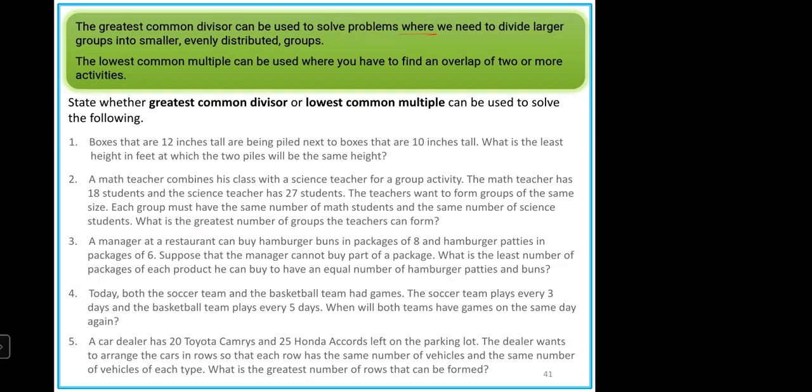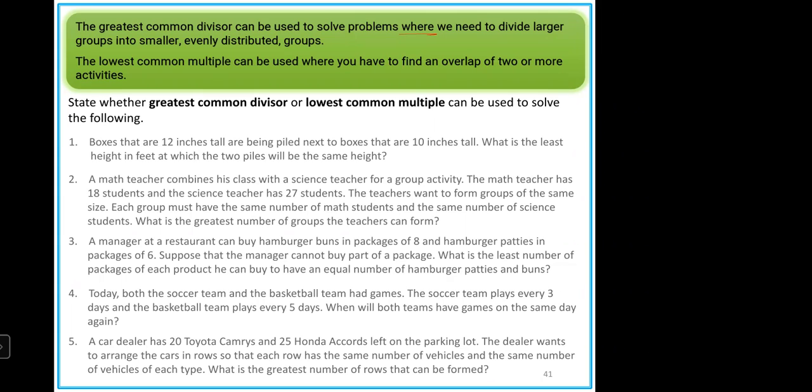So look at the two things at the top. The greatest common divisor can be used to solve problems where we need to divide larger groups into smaller, evenly distributed groups. The lowest common multiple can be used where you have to find an overlap of two or more activities. Which one do you think is more appropriate for question 2? The greatest common divisor.